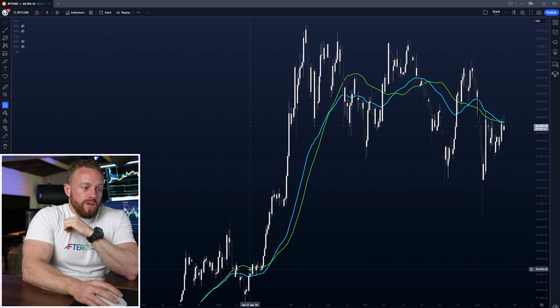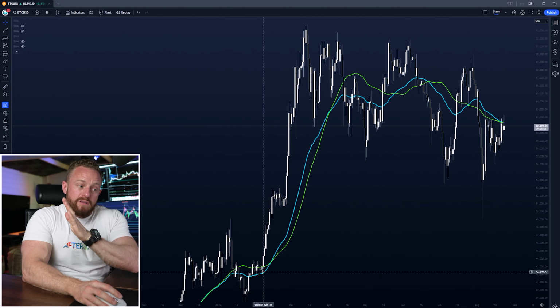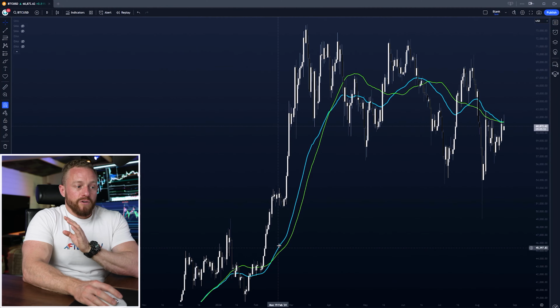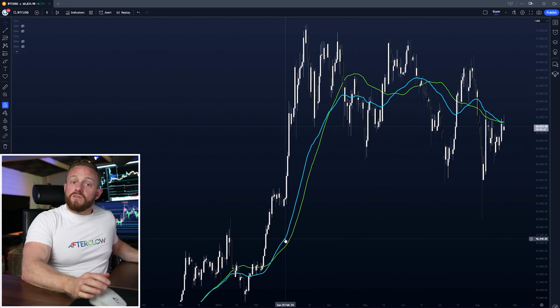Well, the SMA 50 line in green does react and start curling upwards, but you can clearly see that the blue EMA 50 line starts curling up before the SMA line does, and also it trends upwards much more sharply and at a steeper gradient. And on top of that, it's also above the SMA line because obviously it's more reactive.